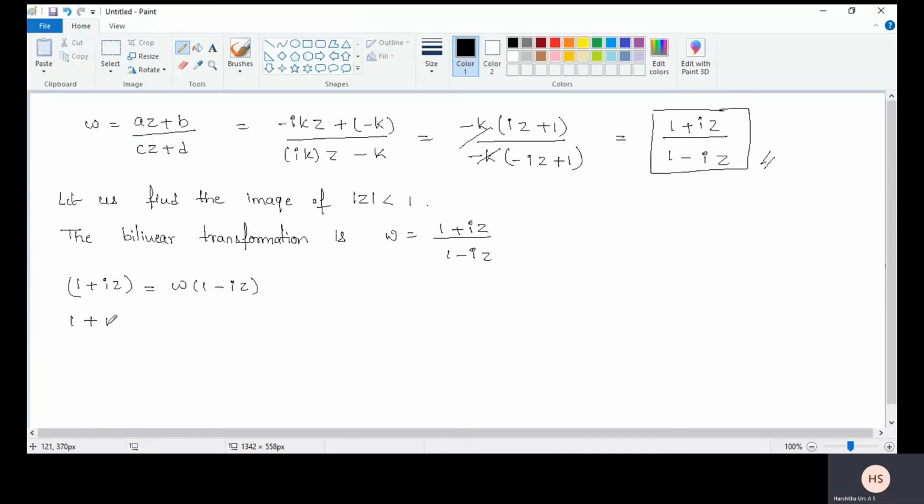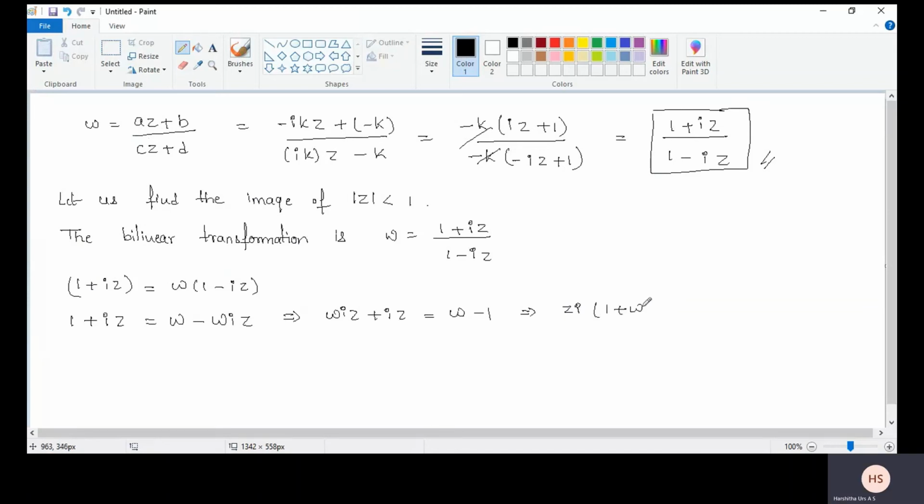Now 1 + iZ I will write as it is. Here I will multiply with the W. W minus WiZ. That implies WiZ, I shift to the left side, I take 1 to the right side. So I will get W minus 1. Here I take iZ as a common.